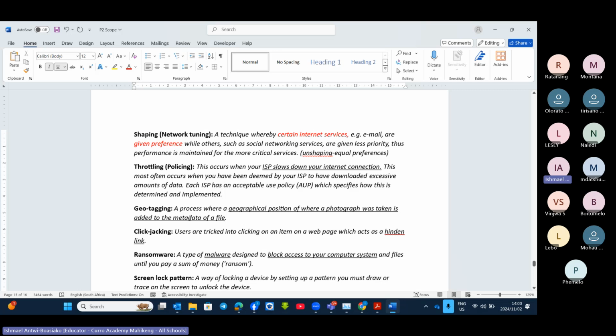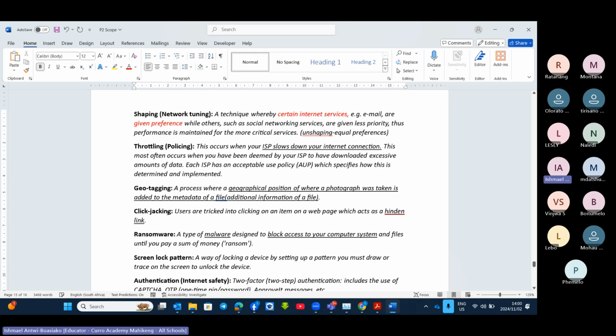Metadata is additional information about a file. So when this geographical information is added to a picture that you took, we call it geotagging.